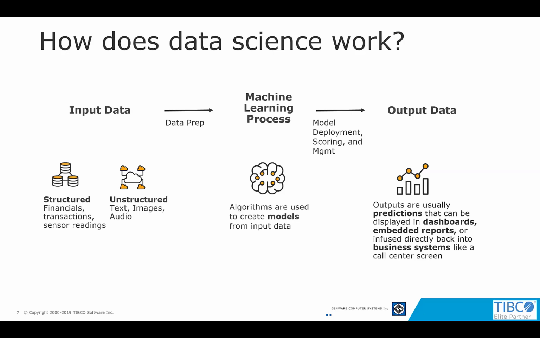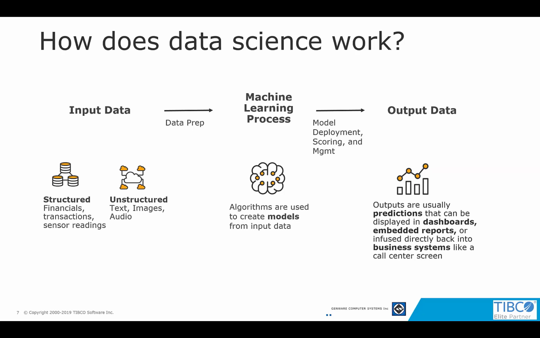Then you've got your unstructured data, so text, images, social media, potentially accessing that data through APIs or web services. And then following that, your data prep, so you're potentially performing some ETL or doing some data integration with something like TIBCO Data Virtualization, for example, to integrate that data and prepare that data.